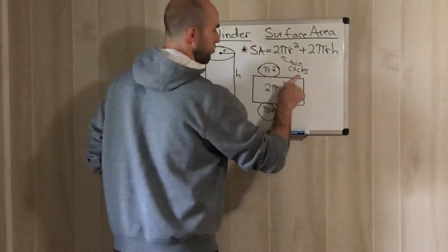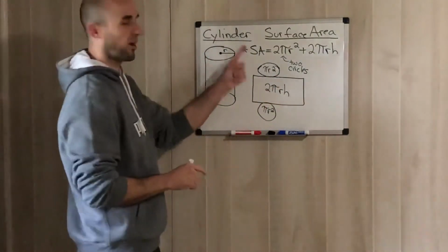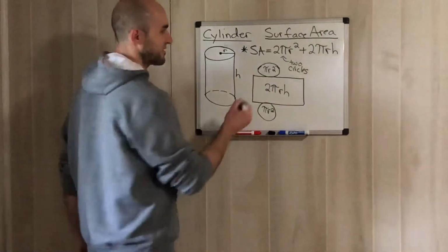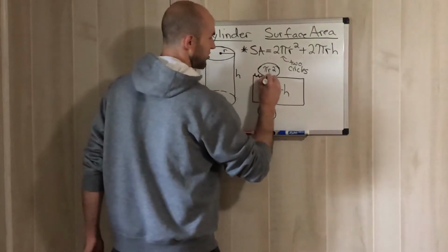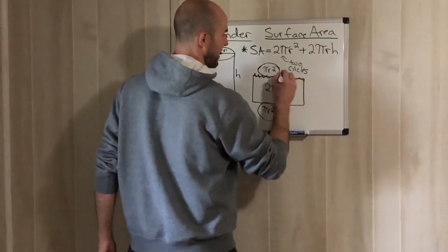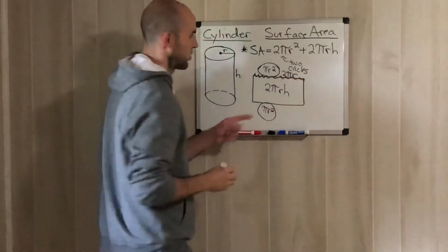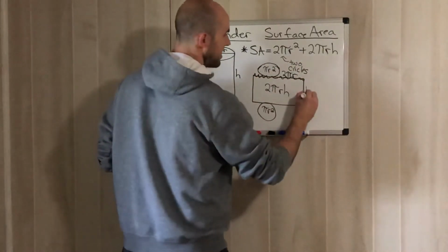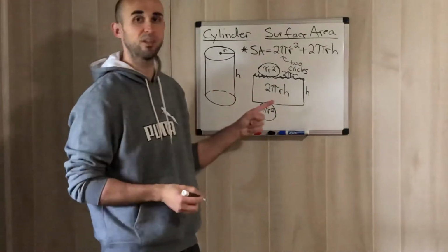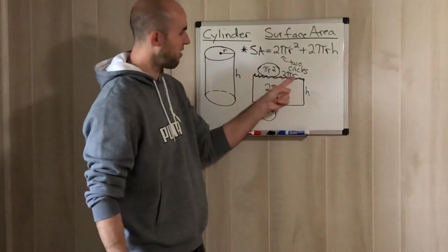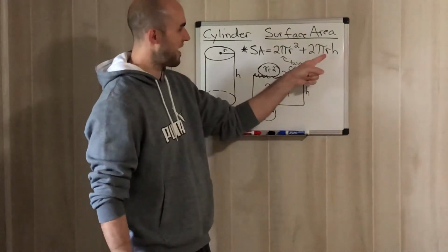Since this paper is wrapped around a circle, we know what goes around a circle is the circumference. The formula for circumference is 2 pi r. We know that this is the height, and the way that you do it is base times height, 2 pi r times h, 2 pi rh.